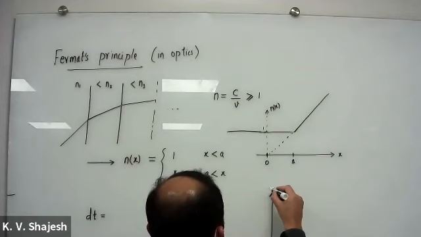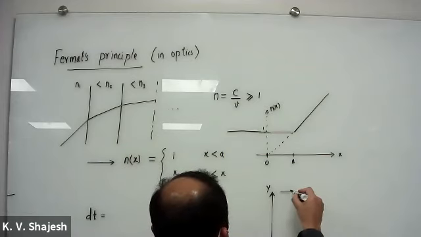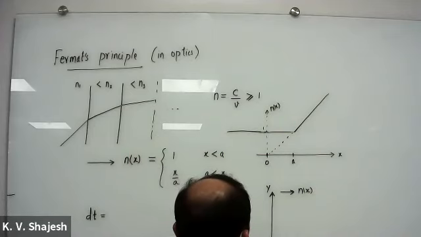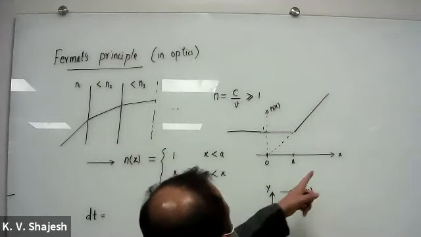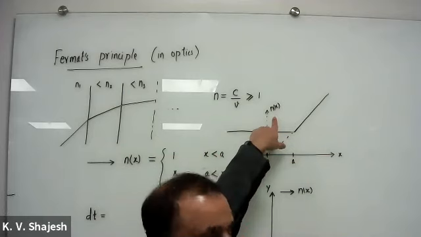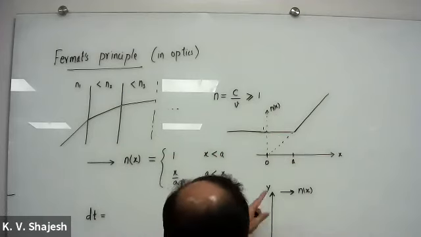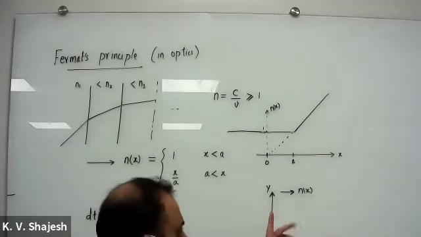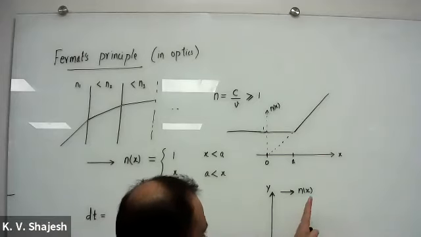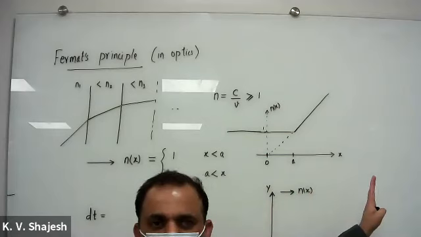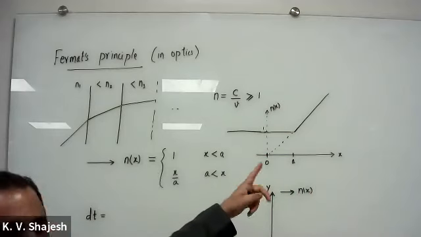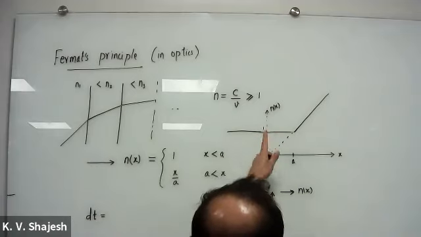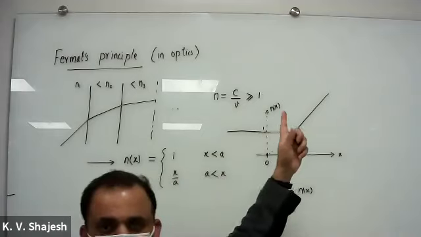This is your y-axis now, and the refractive index increases in this direction. Notice this is x with respect to n of x, and here this is the actual space, x and y. Light comes here, and as it goes, the medium gets denser and denser. This is not that; this is actually showing the refractive index as a plot with respect to x.